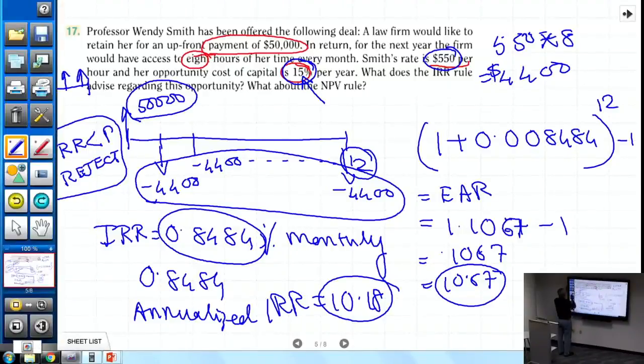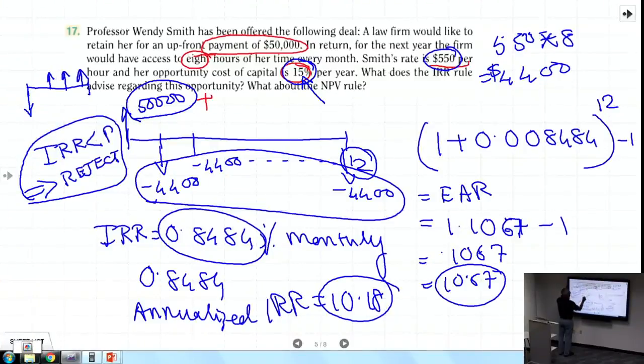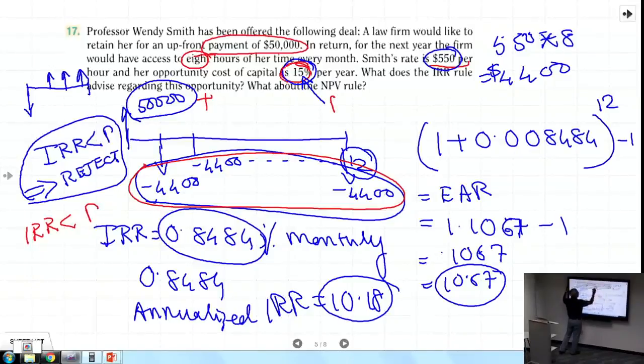But in this case, as you can see, it's positive first, followed by negative later. So in this case, the 15% represents our R, and we would accept the proposition because the benefit of 50,000 exceeds the present value of the cost of 4,400 for the next 12 months. So we would accept it.